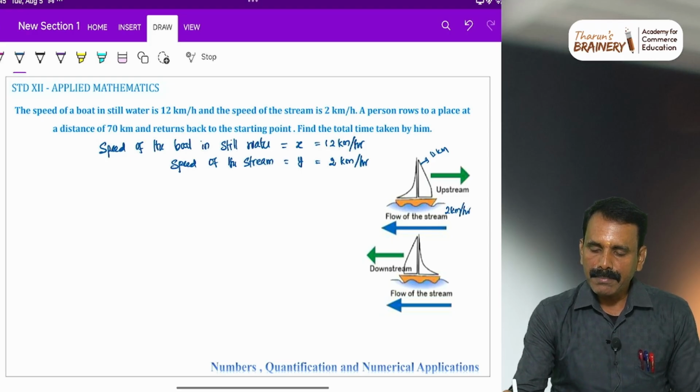And the speed for the upstream travel will be 12 minus 2, that is going to be equal to 10. And for the downstream, it is 12 plus 2, 14.